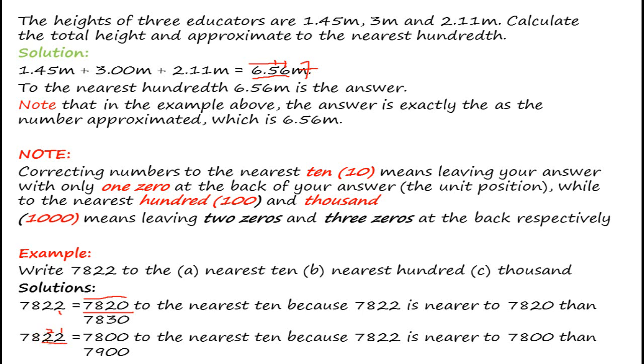That means you turn them to 0 and 8 remains as it is, which is now going to be 7800. That's why we get this. It means that to the nearest 100, 7822 is nearer to 7800 than 7900. You get this answer because as you round this up, this 2 here is not up to 5, and then you cannot add anything to 8. Let's move on very quickly.